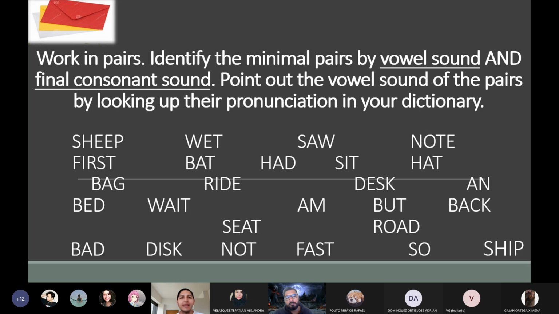If you can link every single minimal pair, wow, would be great. Underline the vowel sound of the pairs by looking up the pronunciation in your dictionaries. Okay, so you have a couple here. 13 pairs. Take just 1 minute to try to form as many minimal pairs as possible.